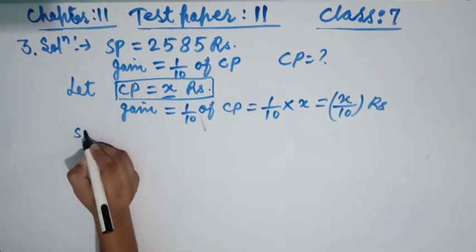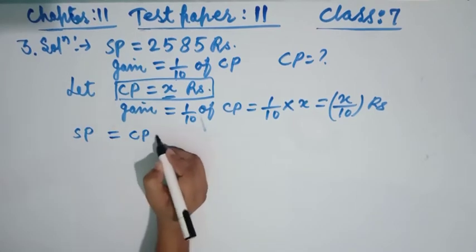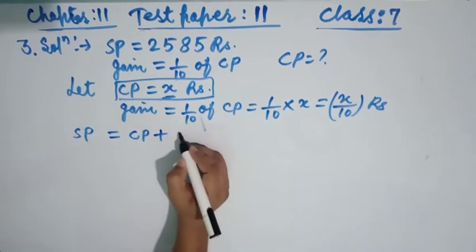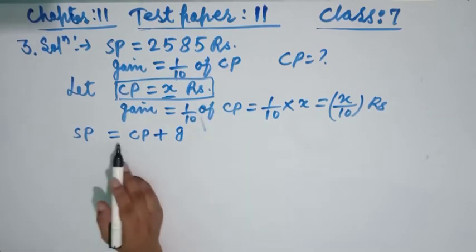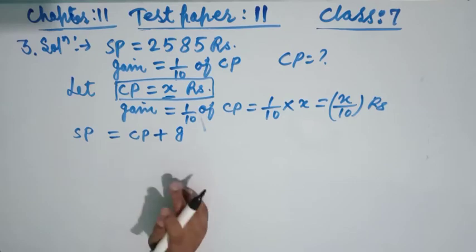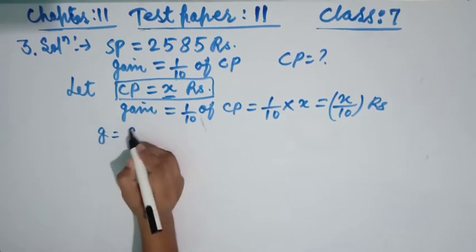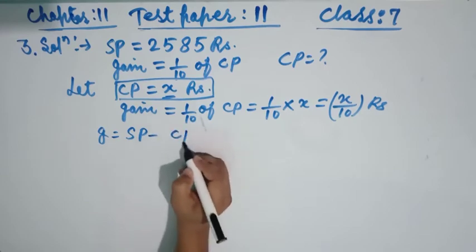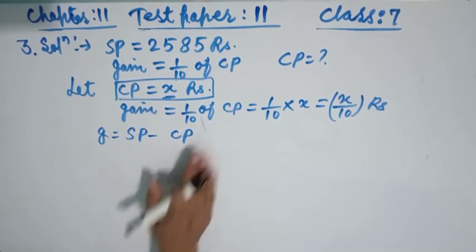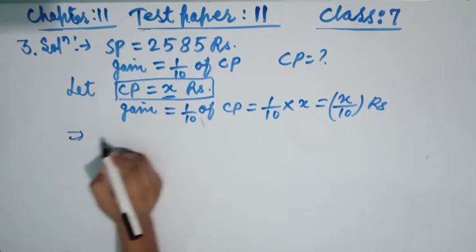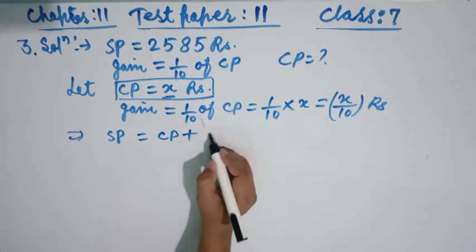Now we can find the SP. SP is equal to CP plus gain. Or either we can say gain is equal to SP minus CP, both are the same. So SP is equal to CP plus gain.